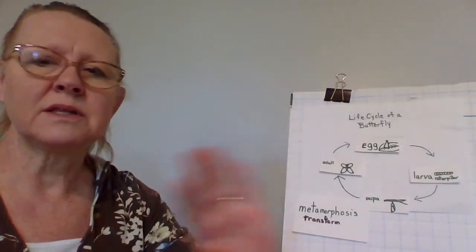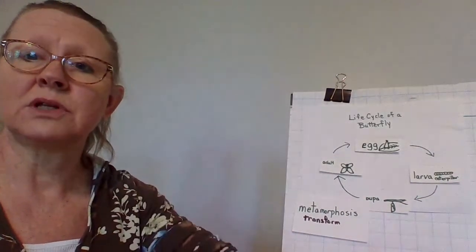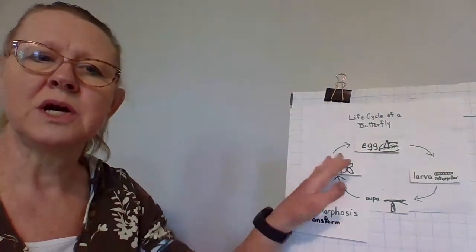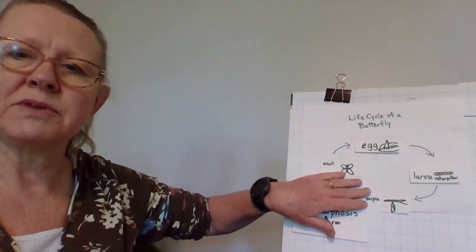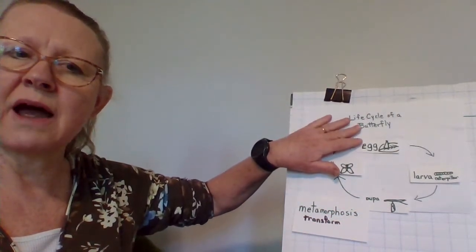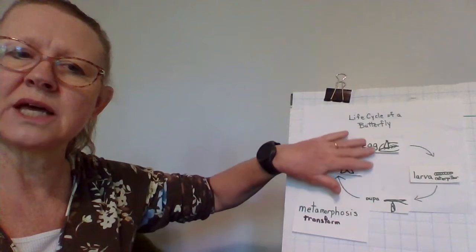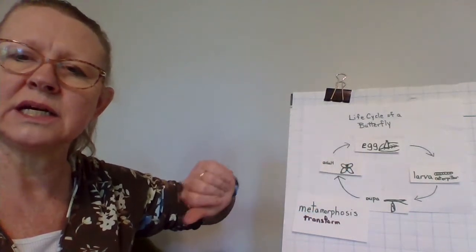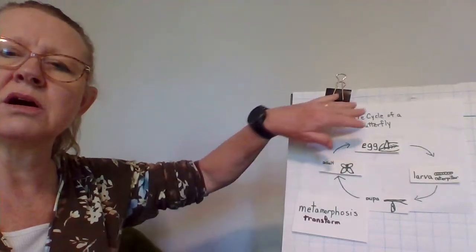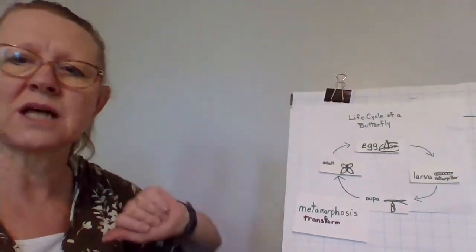So sometimes butterflies can live for a long time, and sometimes they live for just a short time. So after they become a butterfly, they need to get back to laying those eggs so that they can complete this life cycle again. And then it cycles. It just goes on and on and on. That's why it's called a cycle.